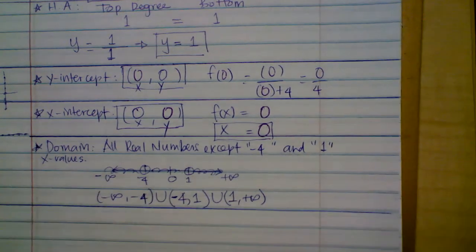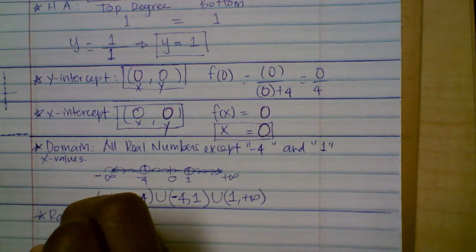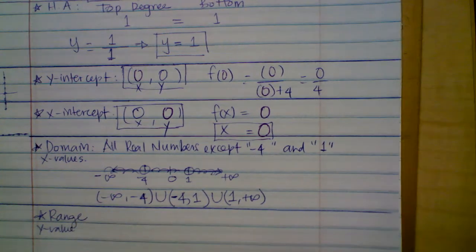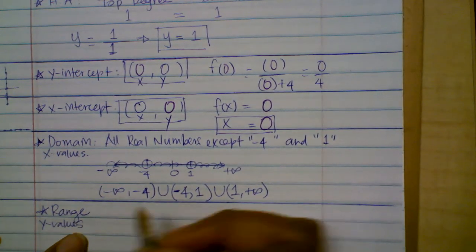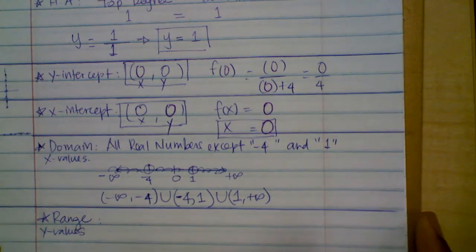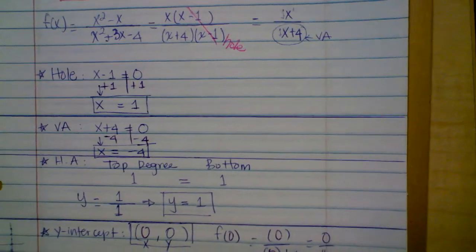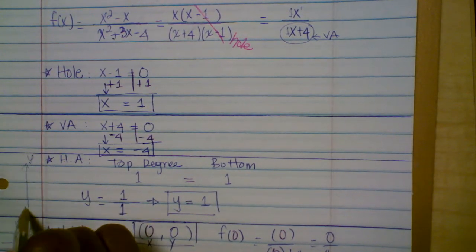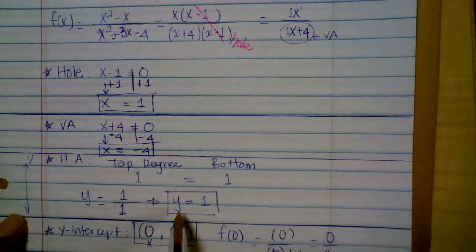Now for the range, it's going to be all the possible y values. So how do you find the range? For a rational function, you look at the horizontal asymptote. Imagine this is the y-axis, and the horizontal asymptote is at 1.